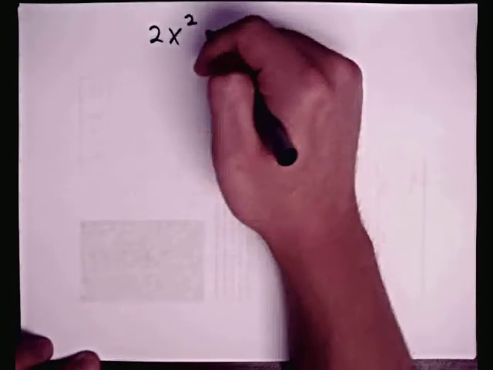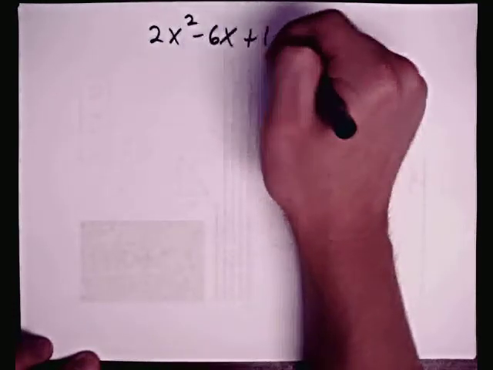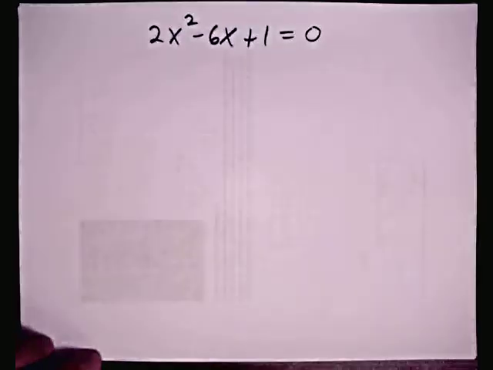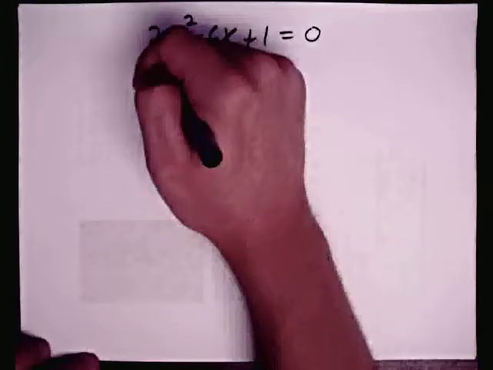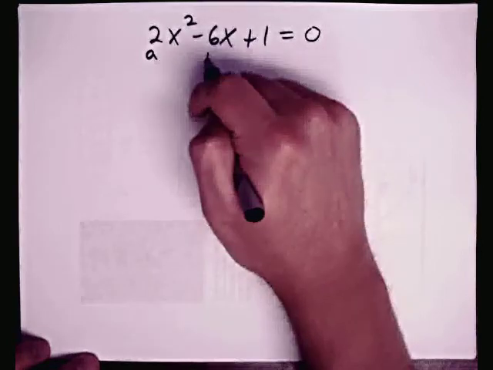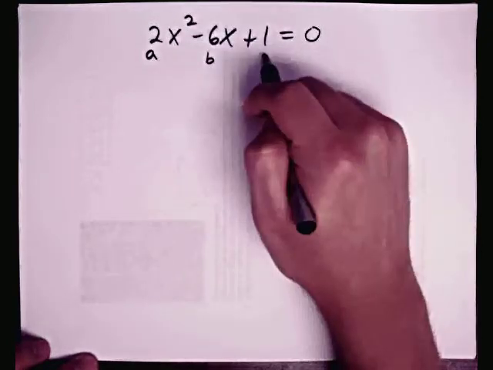Example 5a, solve using the quadratic formula. 2x squared minus 6x plus 1 equals 0. Keep in mind, in front of x squared is a, in front of x is b, and in front of your constant is c. Make sure you know the quadratic formula or have it on your note sheet for your quizzes and exams.